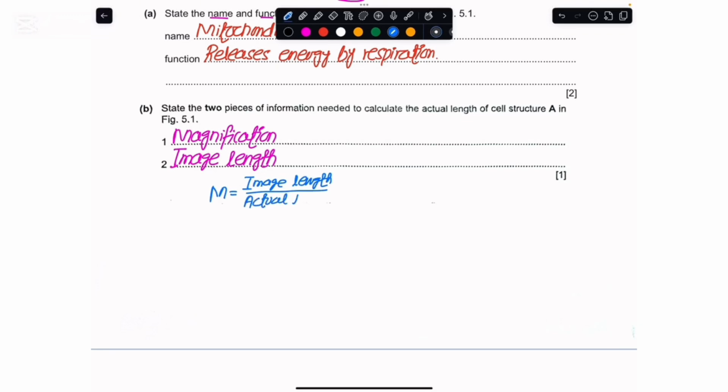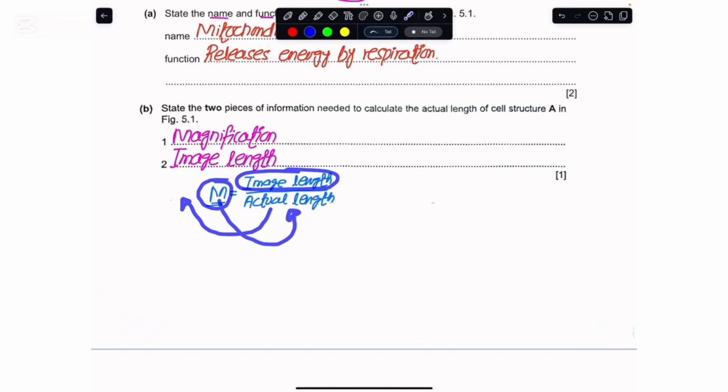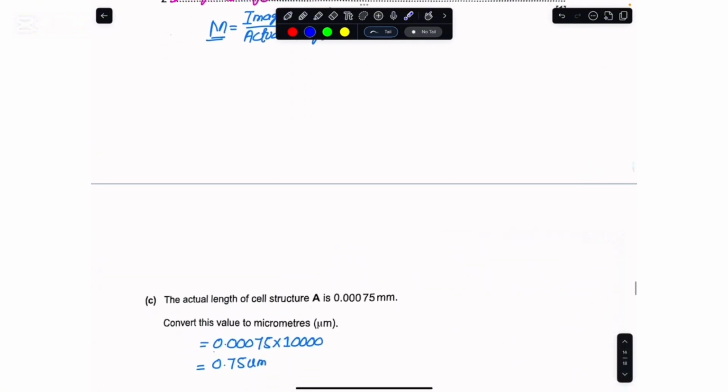Okay, so this is the formula that we use to calculate the magnification. So if we were required to calculate the actual length, then the other two pieces of information that we require are the magnification and the image length. So we would simply move the actual length here, the magnification would come here, and by that we would be able to calculate the actual length.